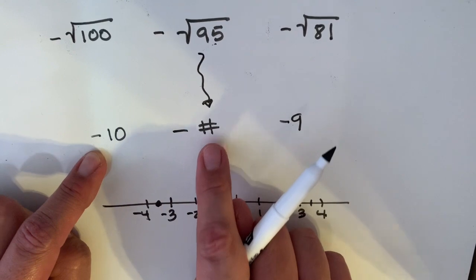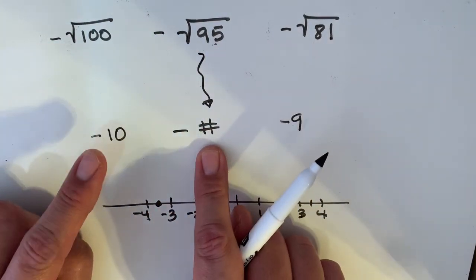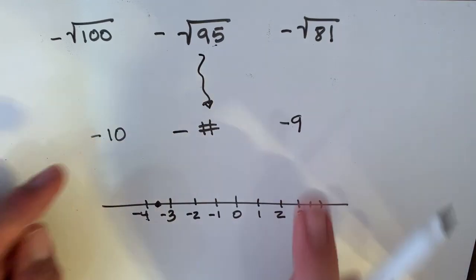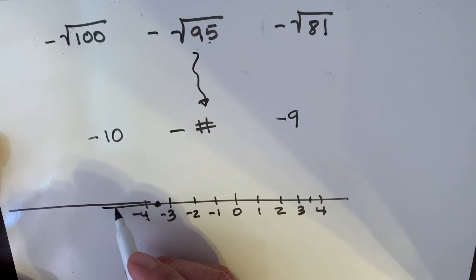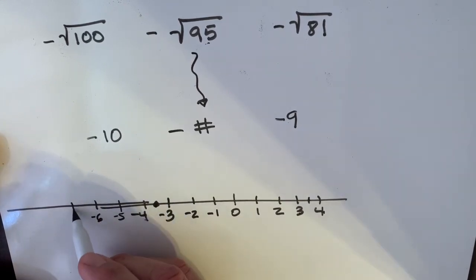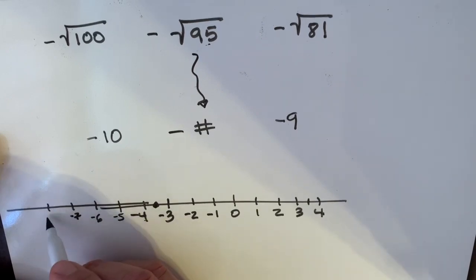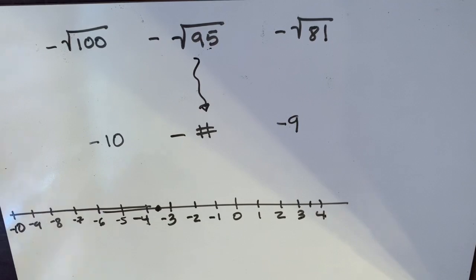So our number here, our negative square root of 95, is going to be a number somewhere between -10 and -9. If we follow our number line, right, we got -5, -6, -7, -8, -9, -10, right?